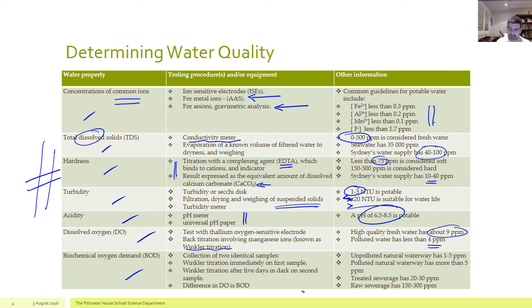And BOD is basically just a comparison method. So we need 2 samples, one which we're going to test straight away and one which we're going to leave for 5 days in the dark, and then the difference is the BOD. And so you can see here a few measures that give you a good indicator of what's good. Unpolluted natural waterways 1 to 5, polluted ones are more than 5, treated sewage 20 to 30, and raw sewage 150 to 300.